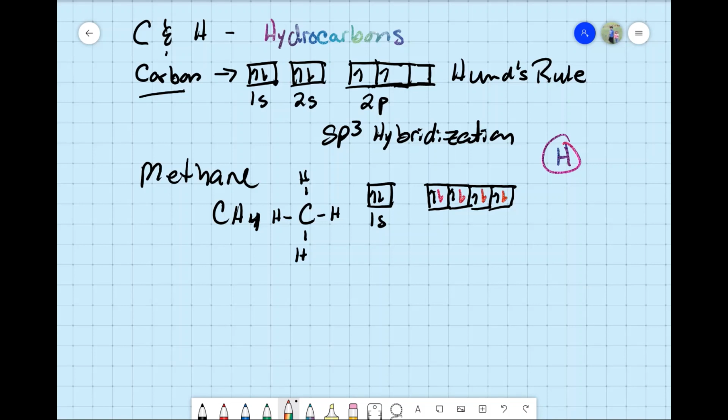And so this isn't s or p, it's an sp3 hybridized state. I may be butchering what it actually is. So you have to think about this when we start talking about hydrocarbons, how these shells are going to be filled according to Hund's rule.